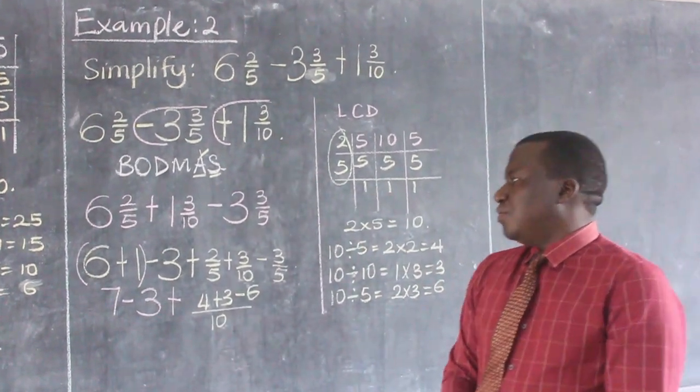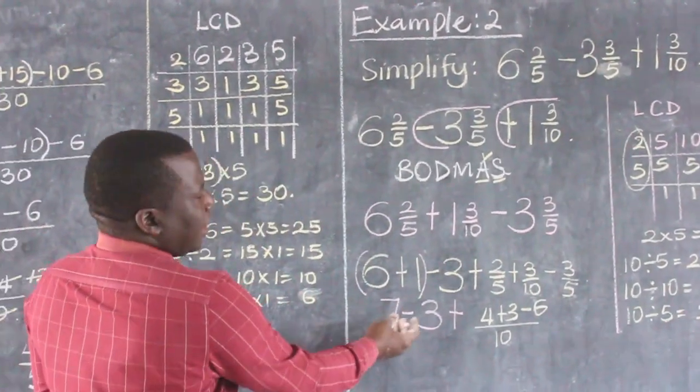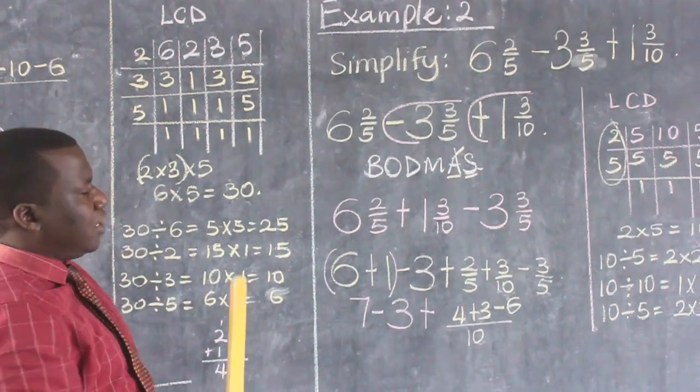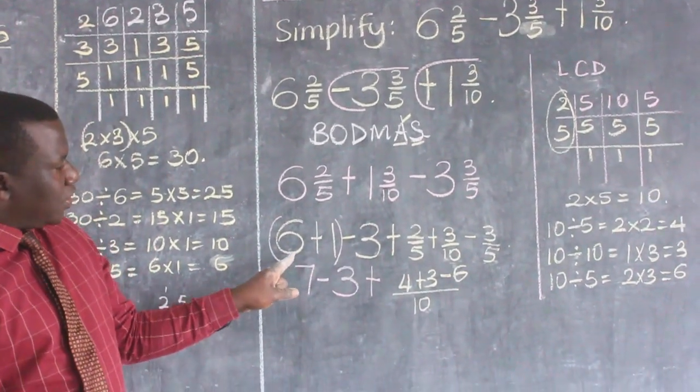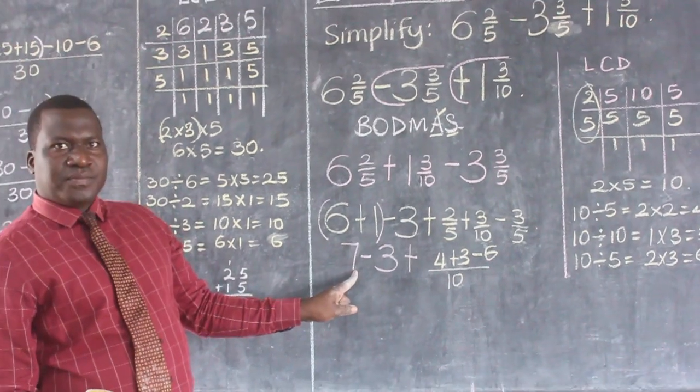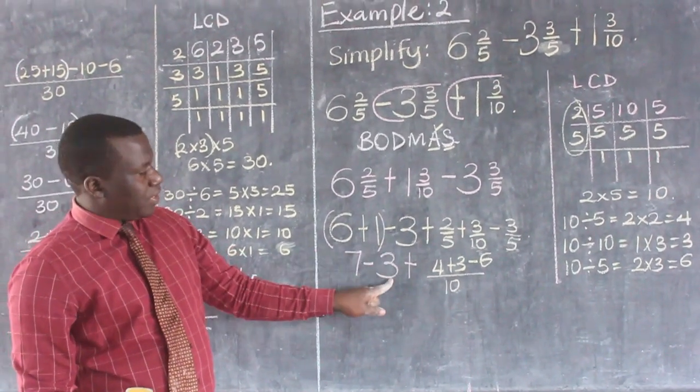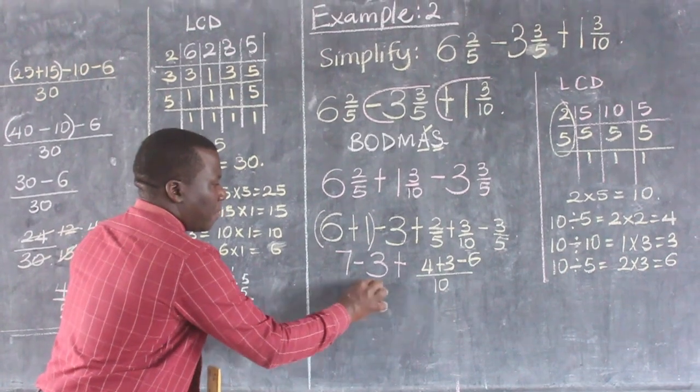Okay, now in dealing with our whole numbers, we saw that 6 plus 1 gives us 7, and then minus this 3, you get 4.